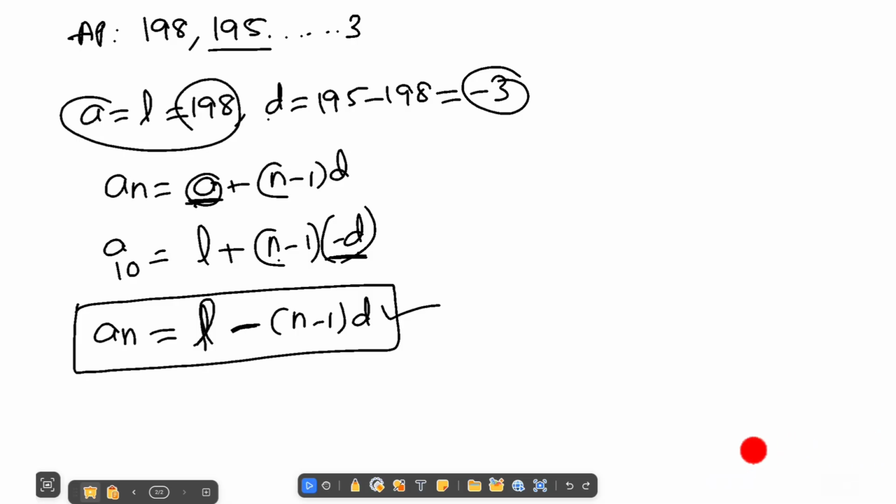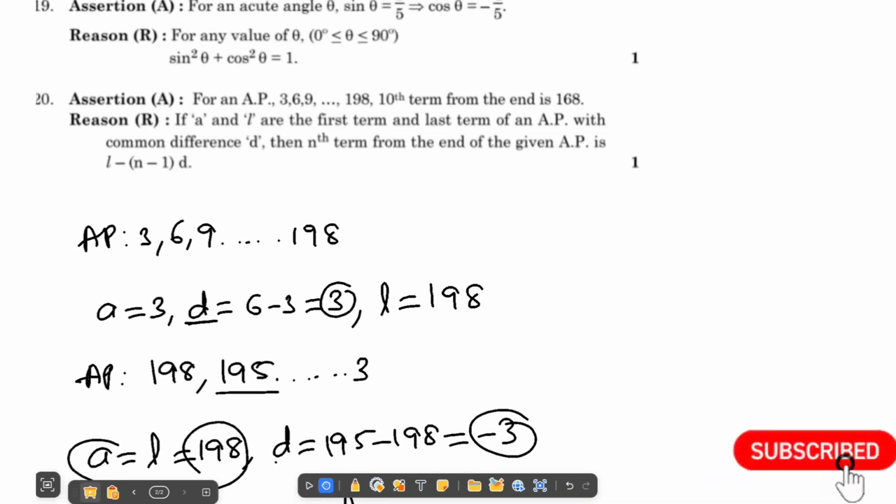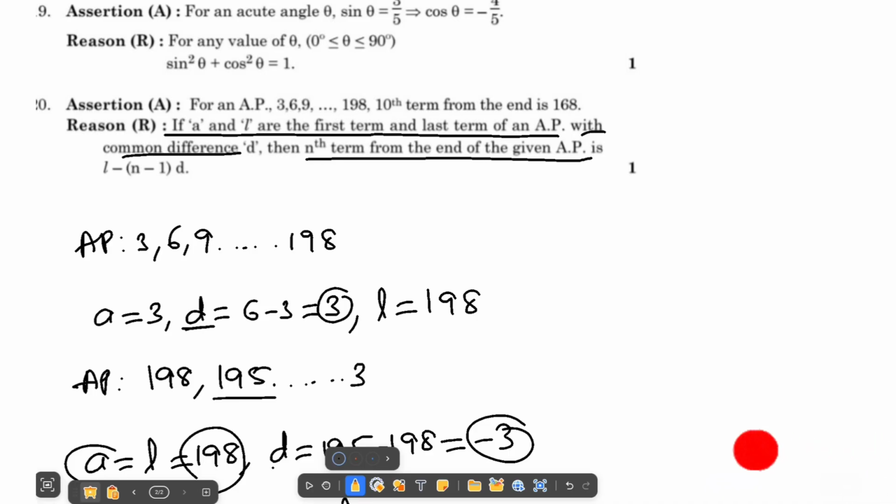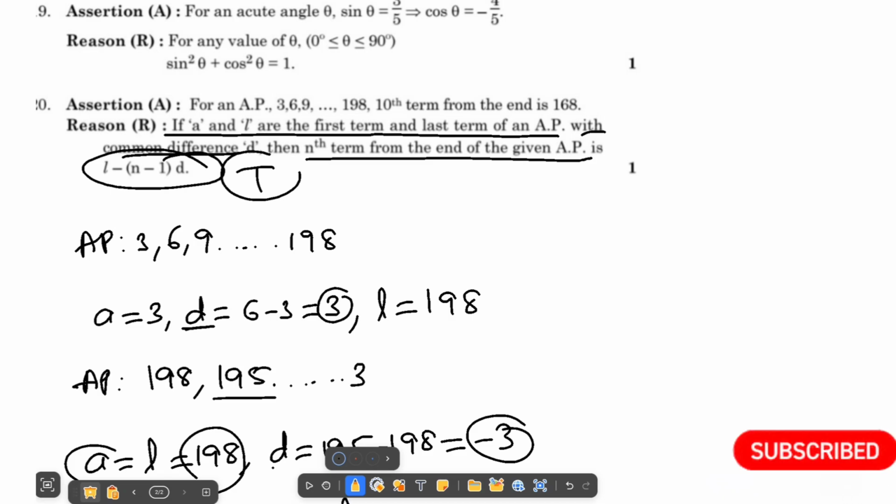What is given in the reason? For a and l, the first term and the last term of an AP with common difference d, the nth term from the end of the given AP is l minus n minus 1 into d. So this is true. That is what we just got. Now let's apply n value 10 and see whether we get 168 or not.